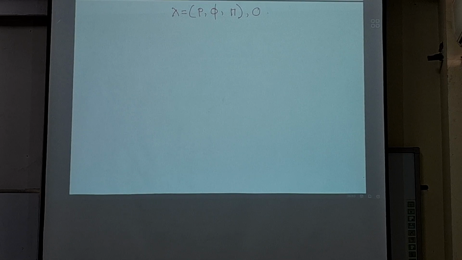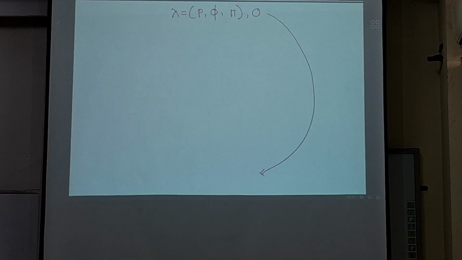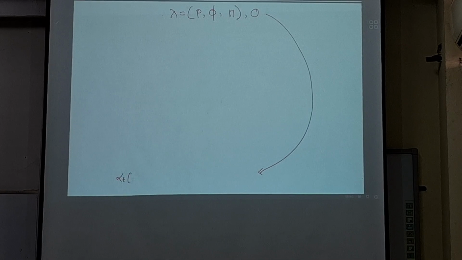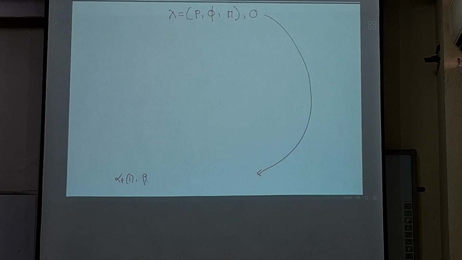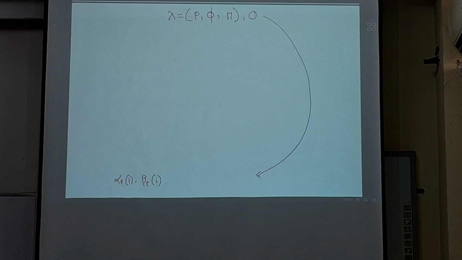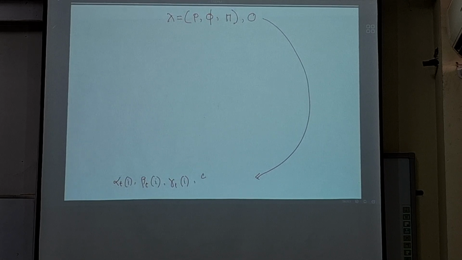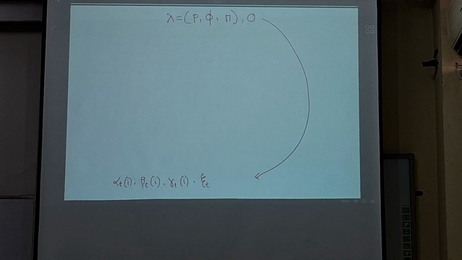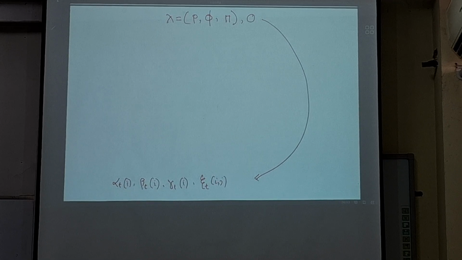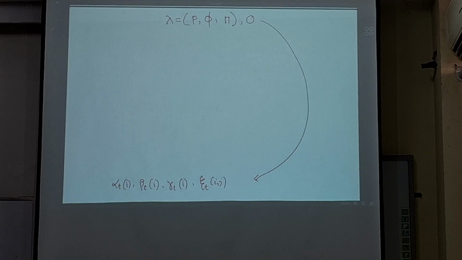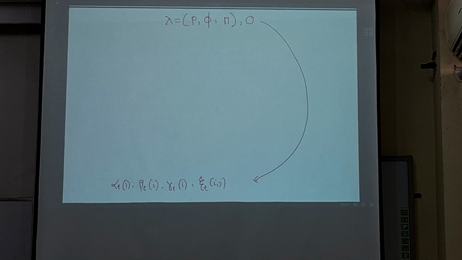From this observation, what will you do? You will calculate alpha Ti, beta Ti, then gamma Ti, then psi Ti. Once you calculate this, what can you calculate?